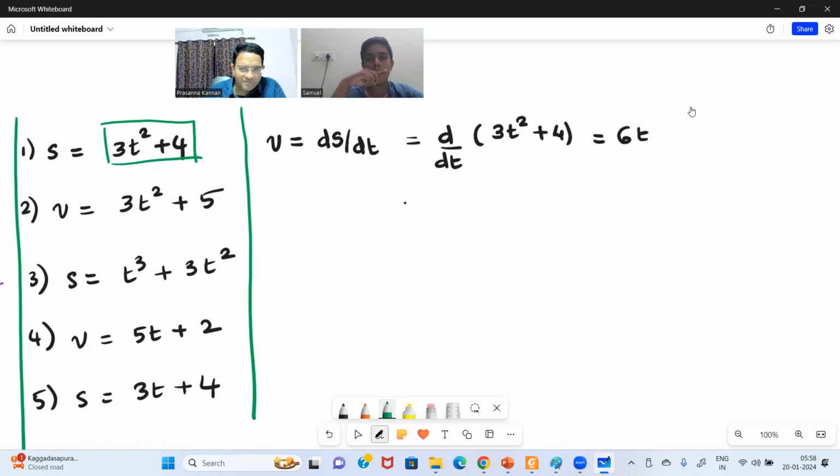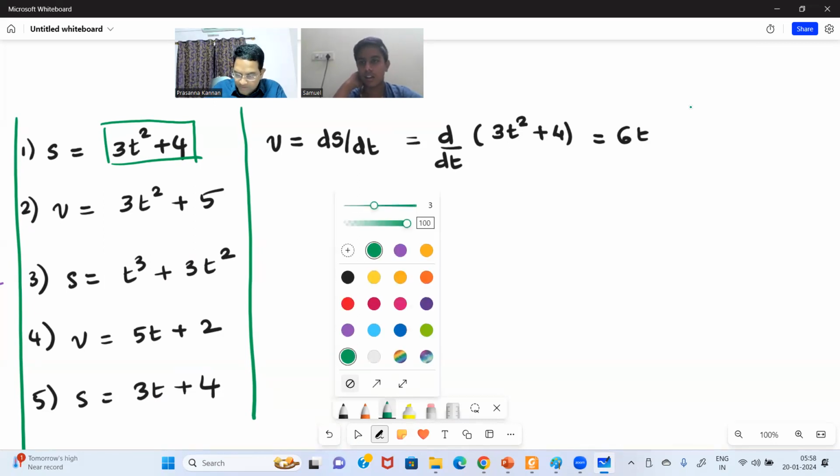Now talk about velocity. V is equal to 6t. What does it show you? Is it constant or is it not a constant? That's my question. T is there, right? So it's definitely not a constant because time is there. Whether we like it or not, time keeps ticking, correct? So t changes.